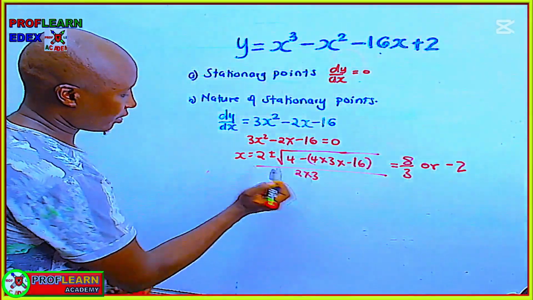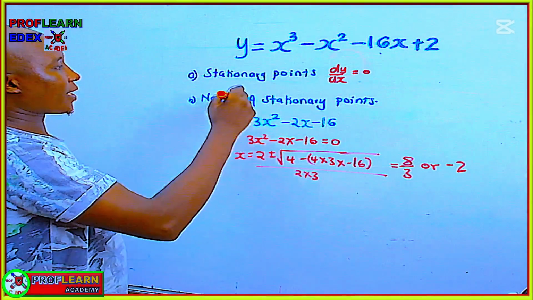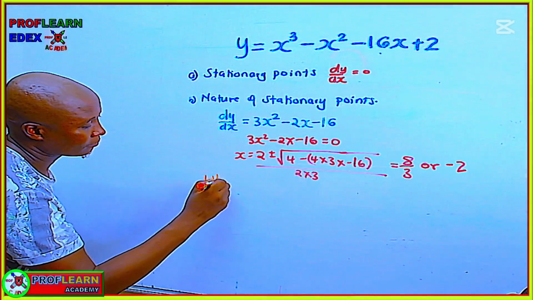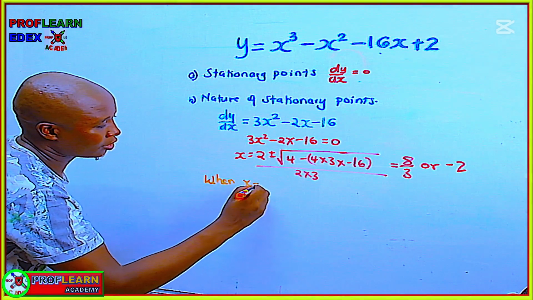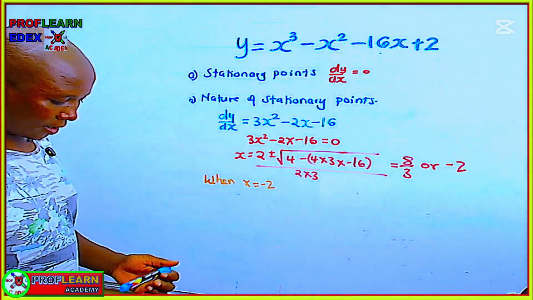We have gotten the values of x, then we can find the coordinates. If you are asked the coordinates of this stationary point, we can say when x is equal to negative 2, what is going to be the value of y in this case?